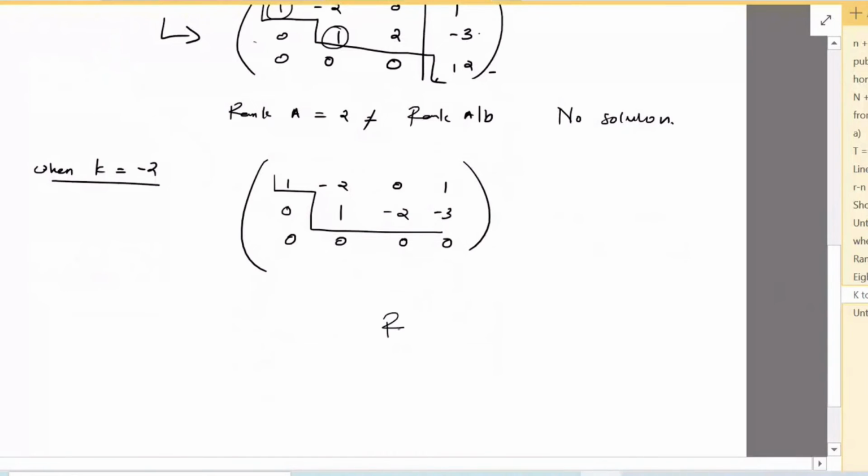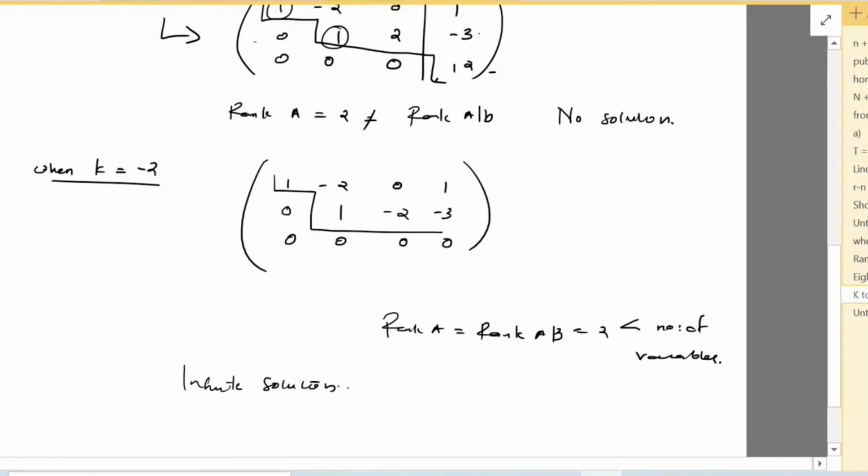And what is rank of A? Rank of A equal to rank of AB, which is equal to 2, which is less than the number of variables. So it has infinite solutions.